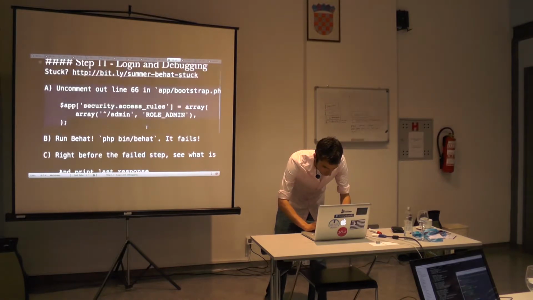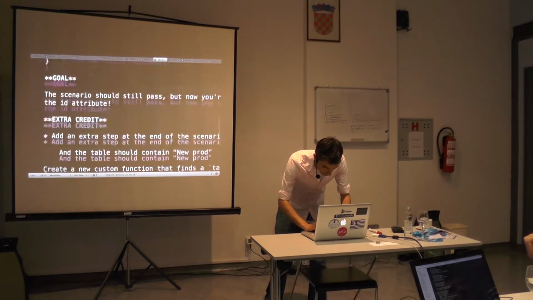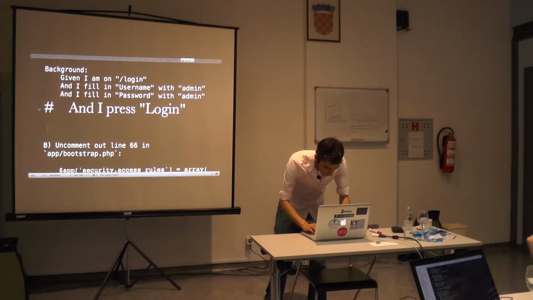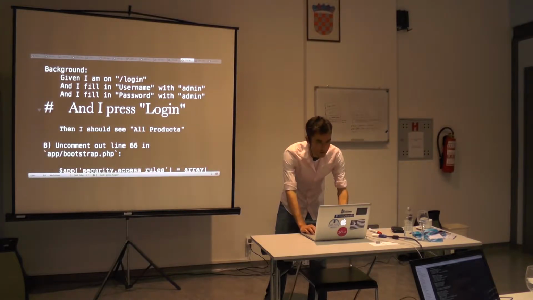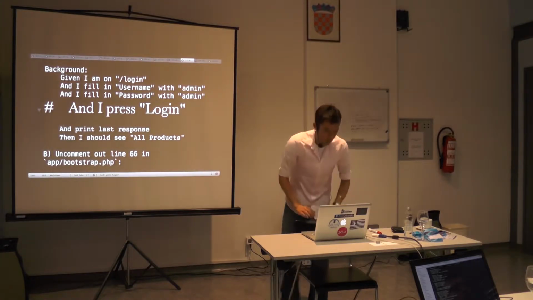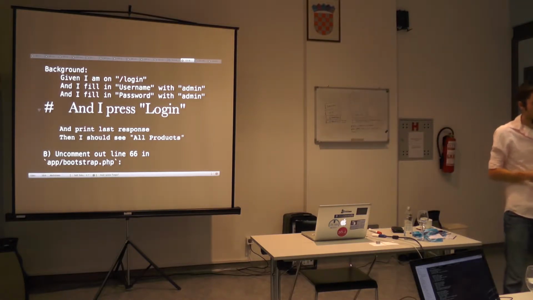So you guys have something like, then I should see. That's not exactly the text, but this is the step that's failing. So right before that, you temporarily put print last response. This is a built-in definition.